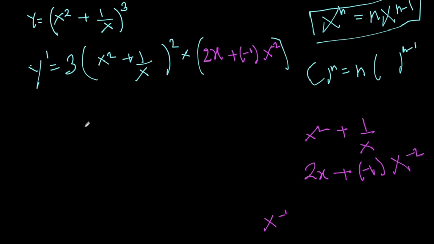You can see that it's so simple. Just think about the bracket to the power n: it is n bracket to the power n minus 1 multiplied by the differentiation of the bracket. This is the quality of the chain rule. We have used this formula, x to the power n, differentiation is n x to the power n minus 1.